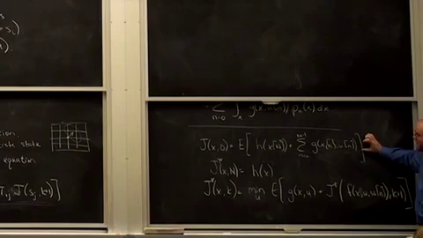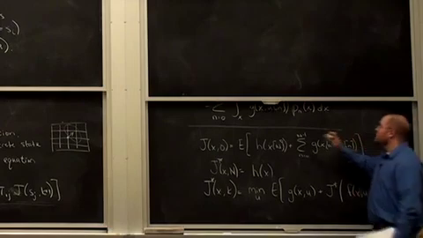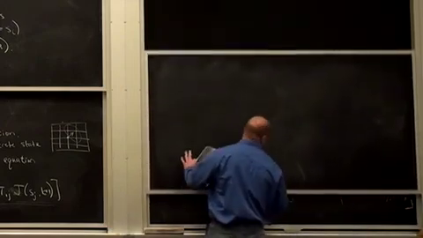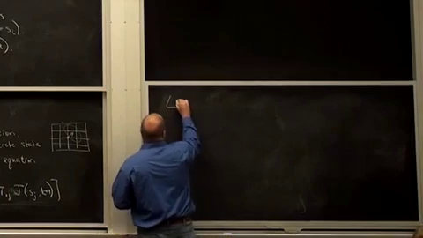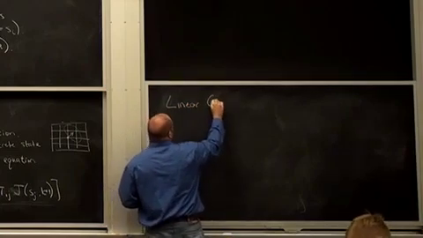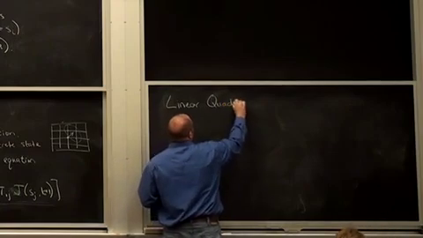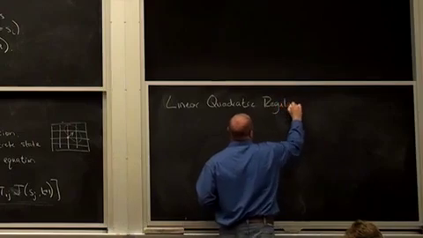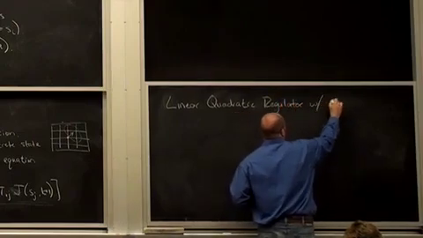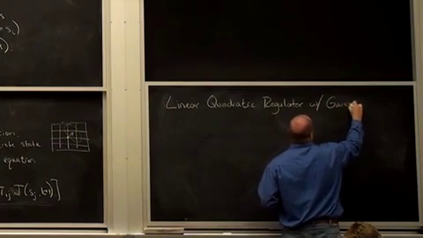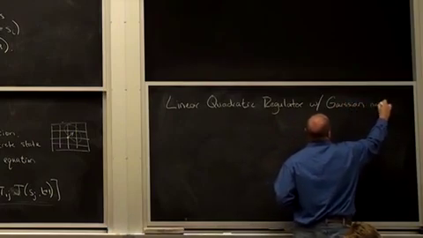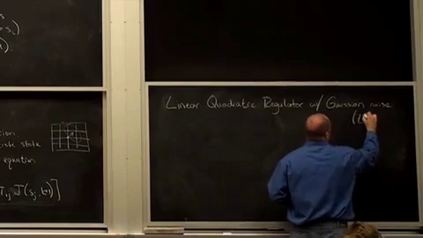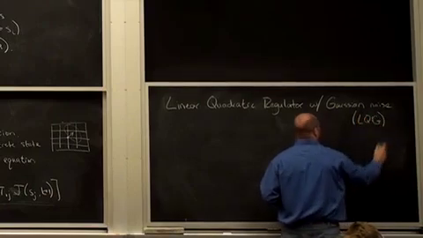And just like in the deterministic case, there's one outstanding result that everybody knows and uses, and that's the linear quadratic regulator with Gaussian noise, right? LQG is the shorthand.